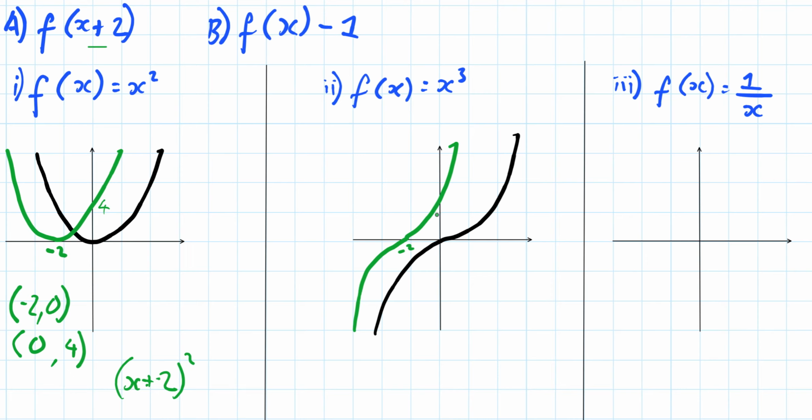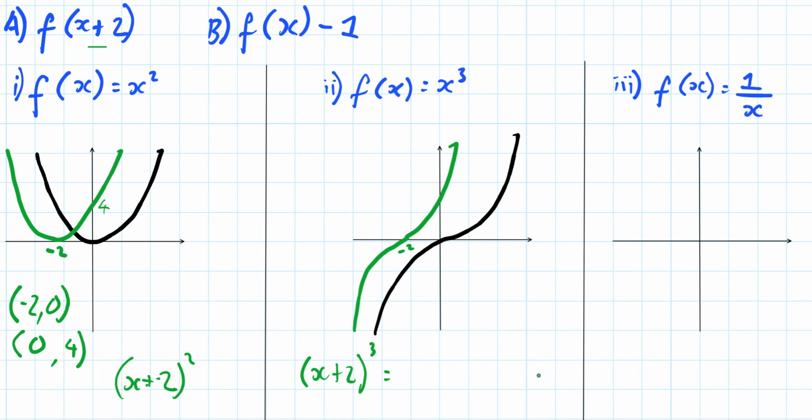And where it cuts the y-axis: f(x) equals x cubed, so this is going to be minus 2 because it got shifted. So it's just x plus 2 cubed.